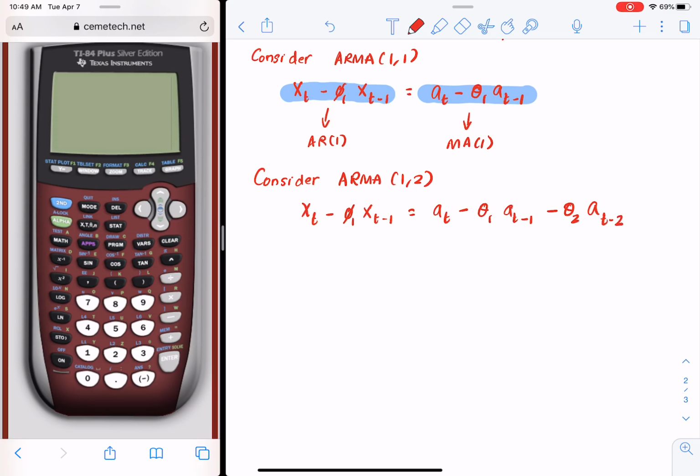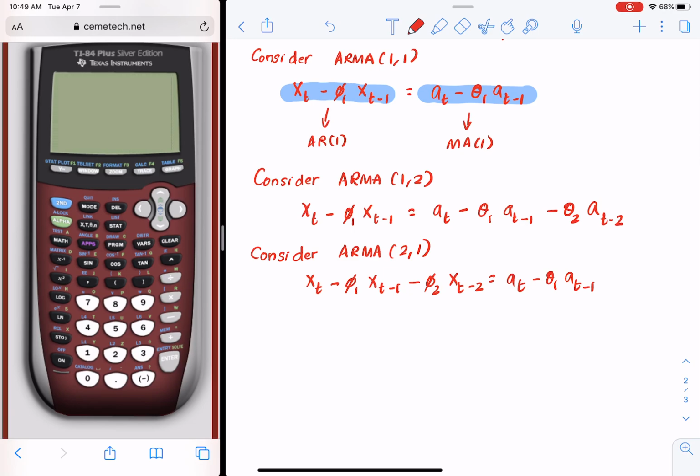And of course we could have a (2,1) model, which would be X_t minus phi_1 X_{t-1} minus phi_2 X_{t-2} equals a_t minus theta_1 a_{t-1}. And we can keep on going with (2,2), (2,3), (3,2).